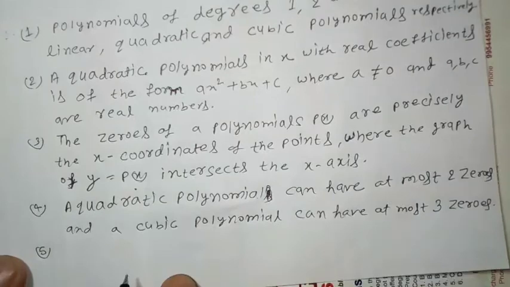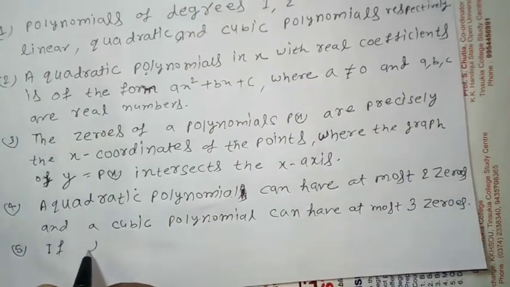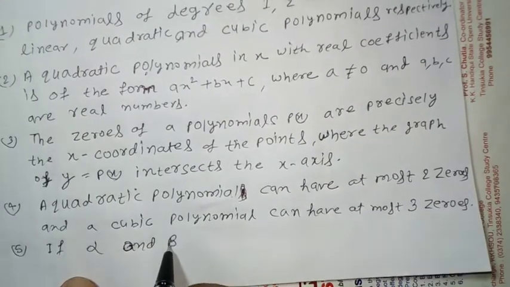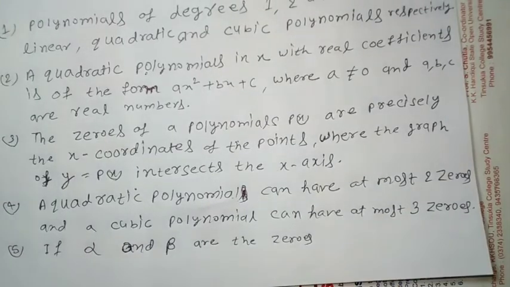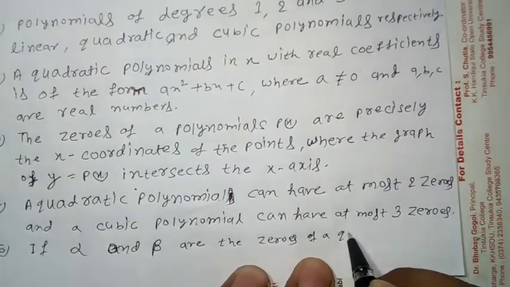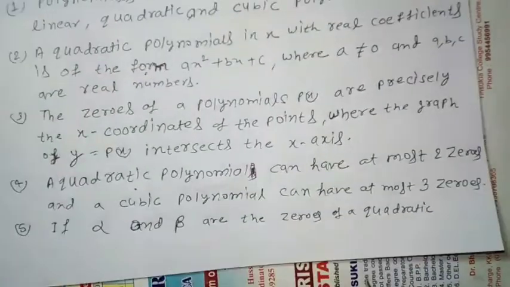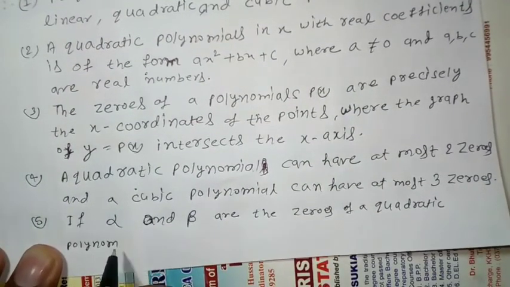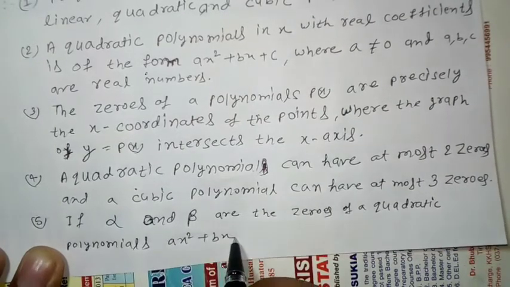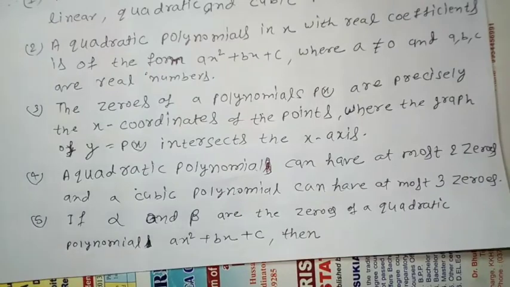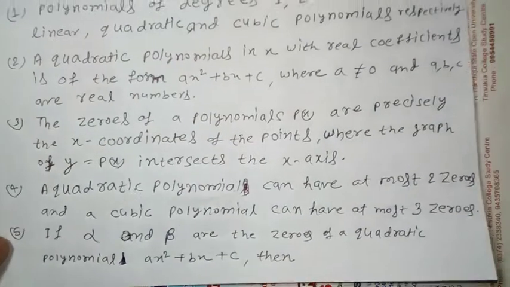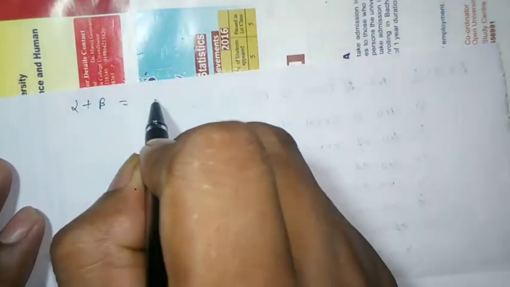The next point, if alpha and beta are the zeros of a quadratic polynomial ax square plus bx plus c, then the sum of zeros, alpha plus beta, is equal to minus b by a.